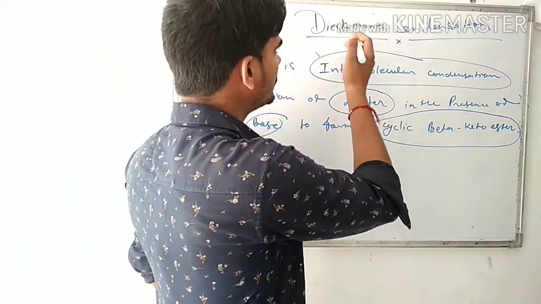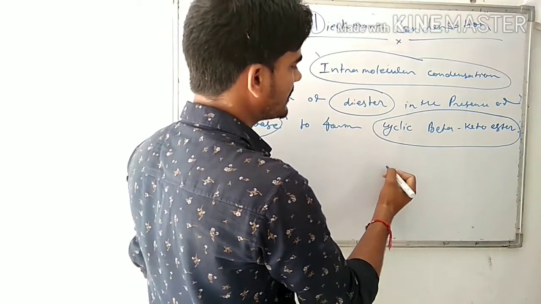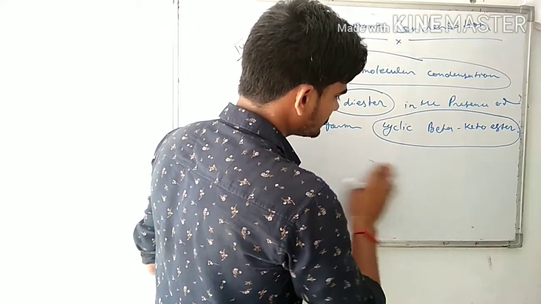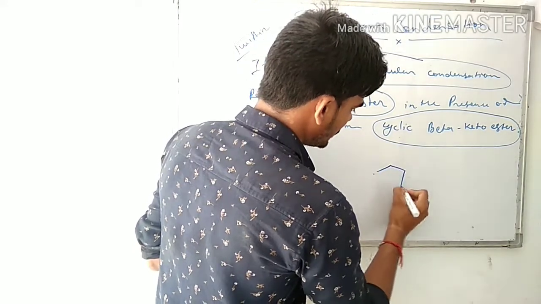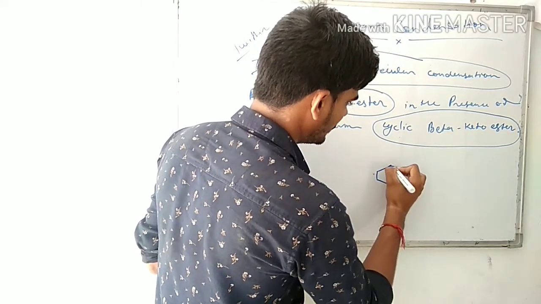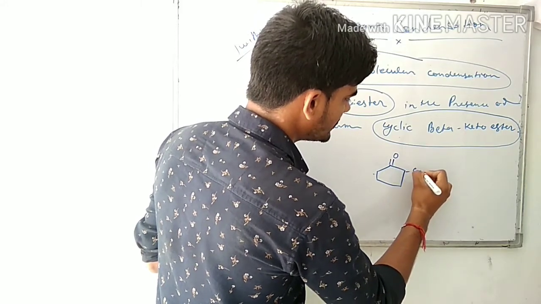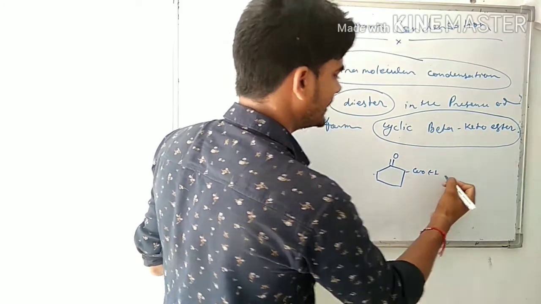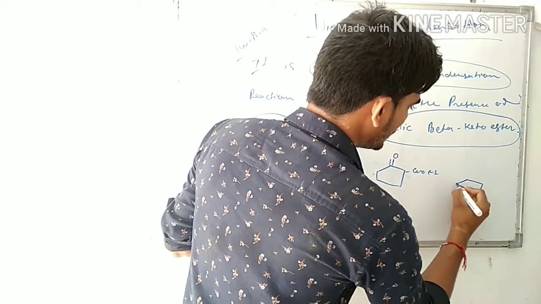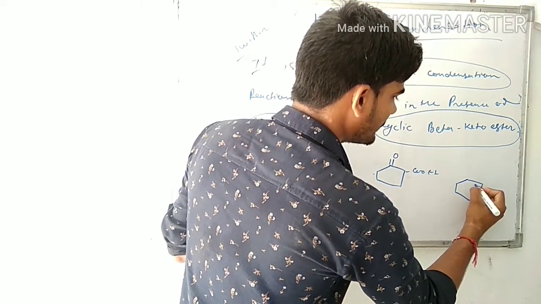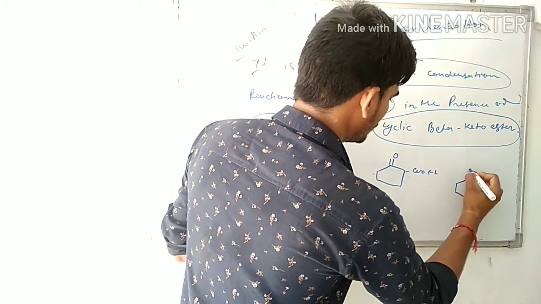From Dieckmann condensation, 5-membered, 6-membered, and 7-membered cyclic esters are very easily formed, but higher cyclic rings above 7 are difficult to form.